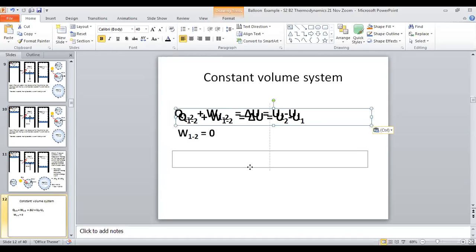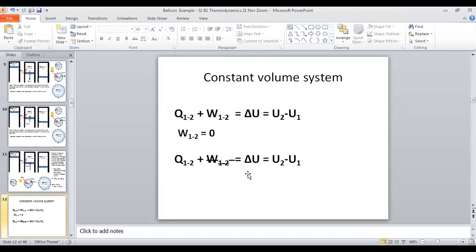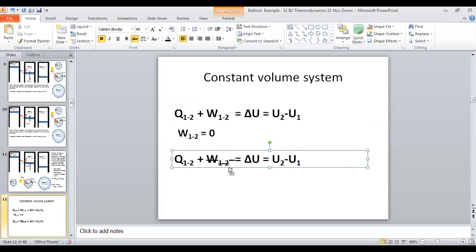Then Q12 is delta U, that is U2 minus U1.